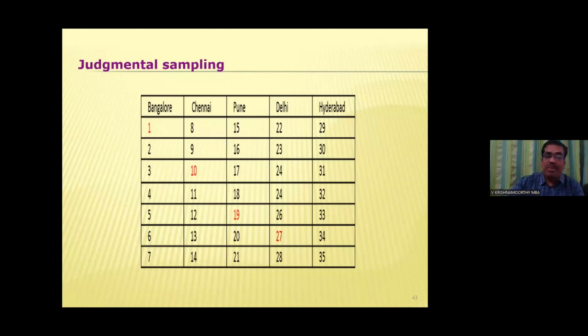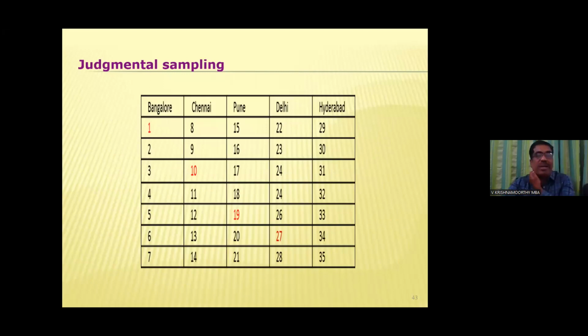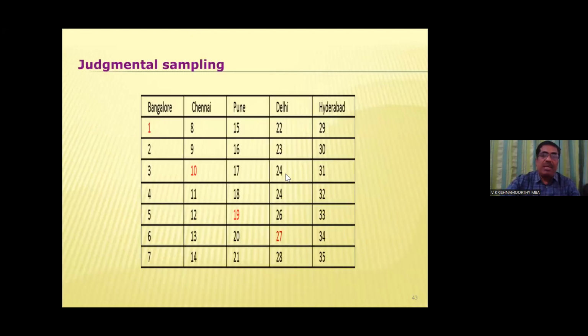That means the population is totally excluded. Under what circumstances can we use judgmental sampling? For example, whenever we do test marketing or a pilot study, we can use judgmental sampling. This is the application of judgmental sampling.